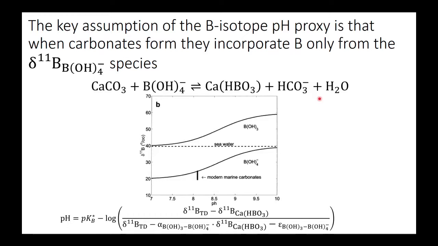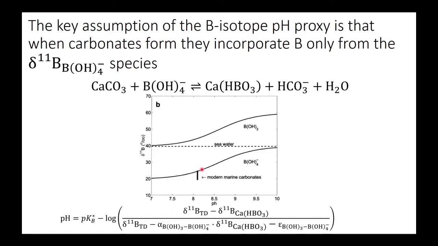Now, there is going to be some isotopic fractionation between the boron inside the calcium carbonate and the boron in the dissolved phase. But we think that fractionation is quite small, because when we actually measure marine carbonates, they have a value quite similar to what we would expect for the borate ion.